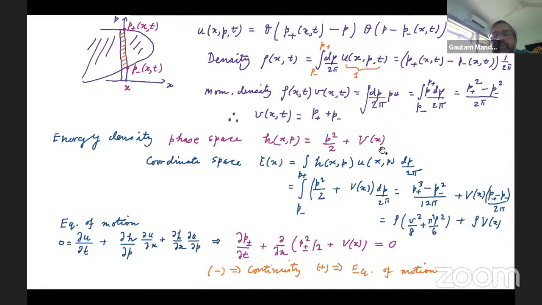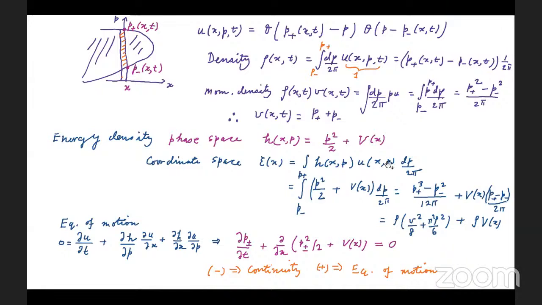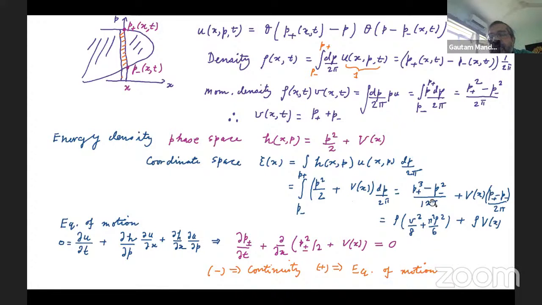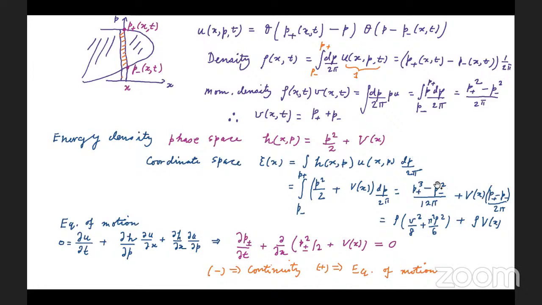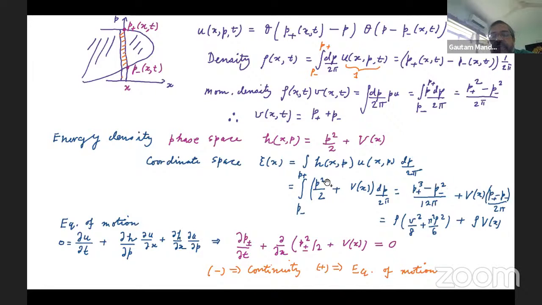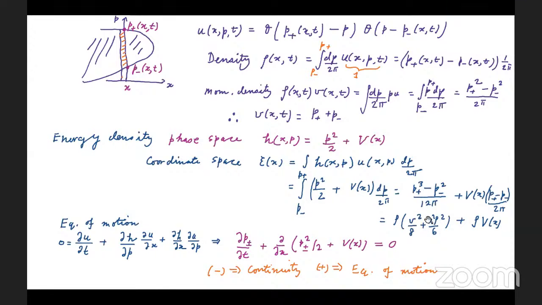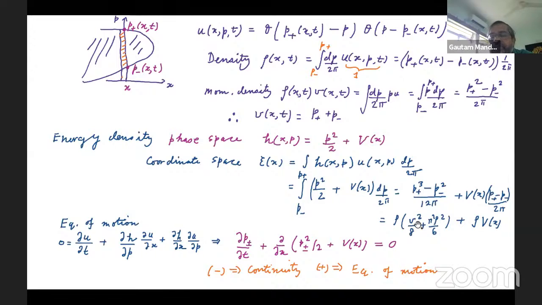So that's P square by 2 plus V of x. Remember, that's what we are taking here. And the coordinate space energy density will be given by the integral of the Hamiltonian, which gives a formula like P plus cube minus P minus cube, sorry, excuse me, and V of x times P plus minus P minus, which you can rewrite in terms of the rho and v variables.